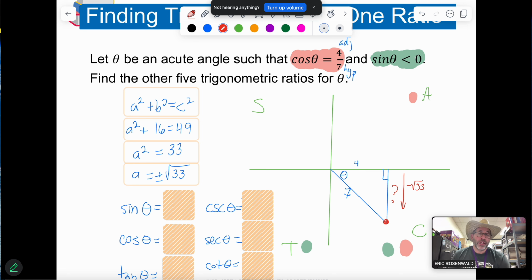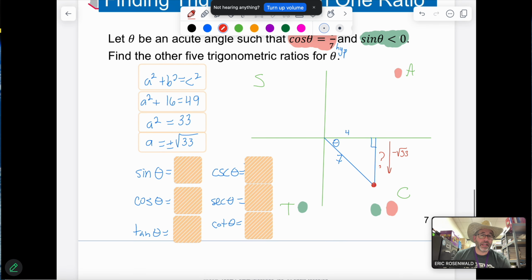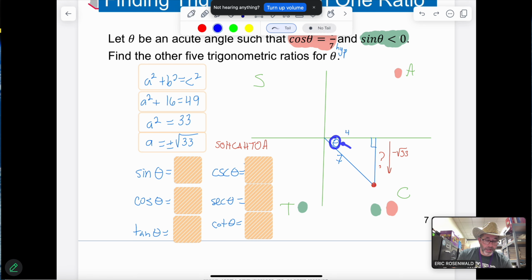Okay. So now, if we're going to go ahead and take the sine and the cosine and the tangent of this, all we're doing is just good old SOHCAHTOA, which means from this situation, not a unit circle situation, because this is not equal to 1, it's not a unit circle. We're just asking what's the sine, cosine, and tangent of this. So for the sine of my angle, we're going to go opposite, which is negative root 33, and my hypotenuse, which is 7.